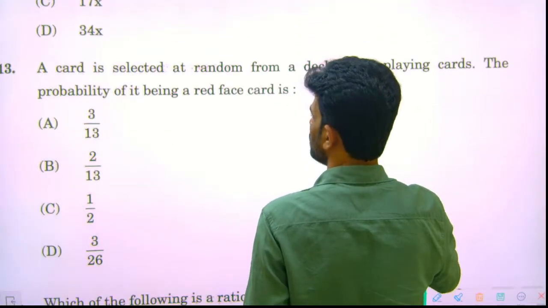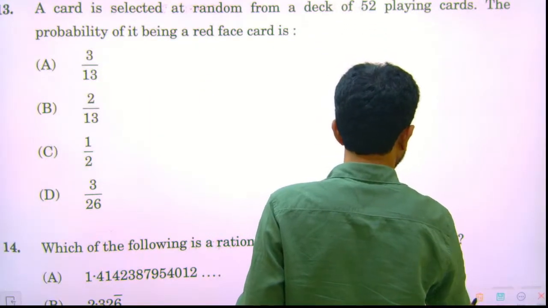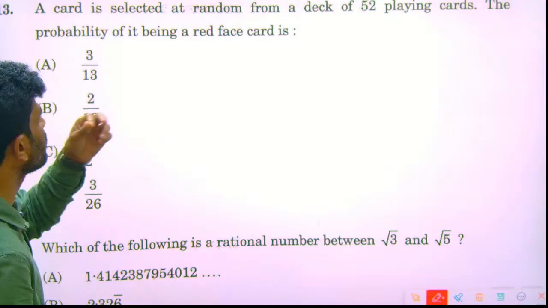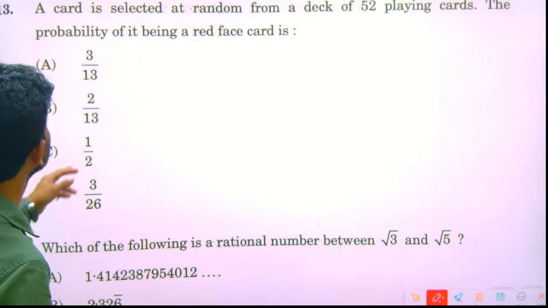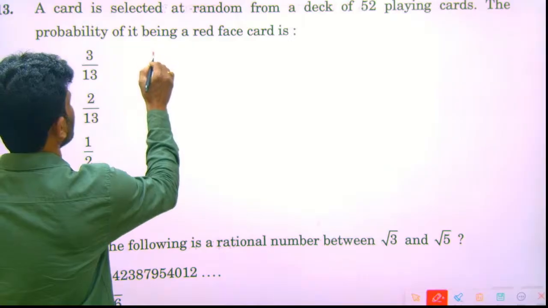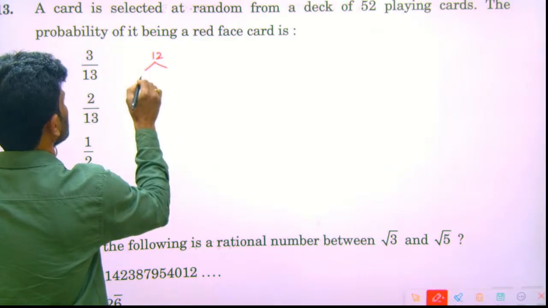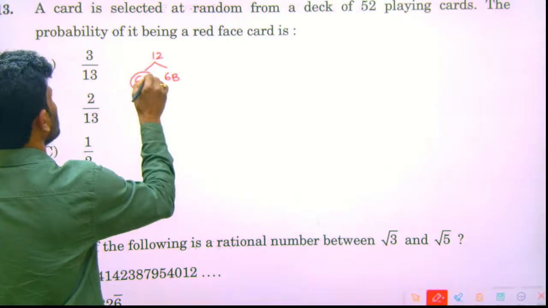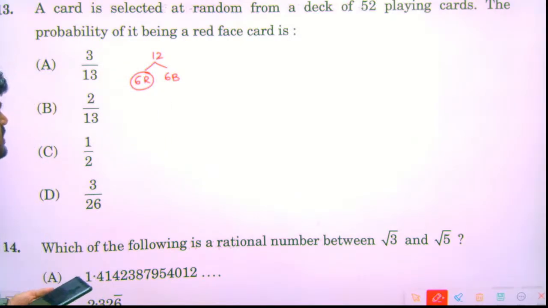Question number 13. Do you remember how many red color face cards there are? A card is selected at random from a deck of 52 playing cards. The probability of it being a red face card. We have a total of 12 face cards. Of those, 6 are red and 6 are black. So 6 red face cards will be there.